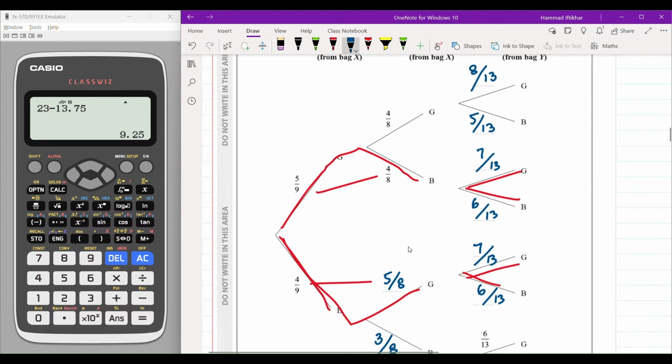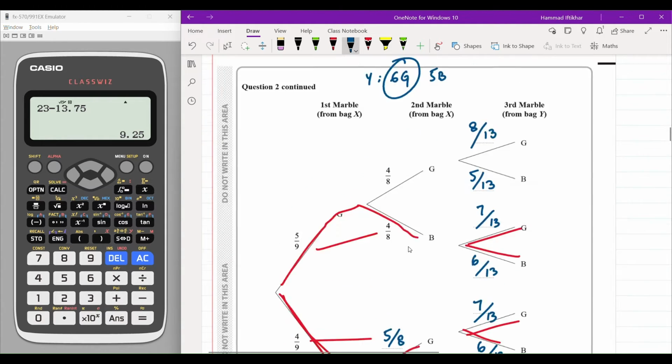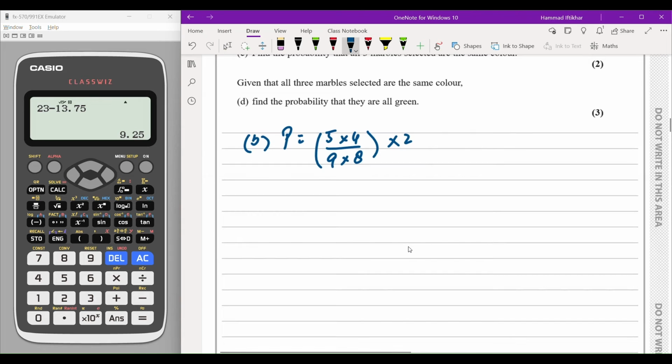So 5 and 4 in the numerators and 9 and 8 in the denominators. Yes, this is an OR case. So 5 times 4 times 2 divided by 9 times 8 is 5 over 9.